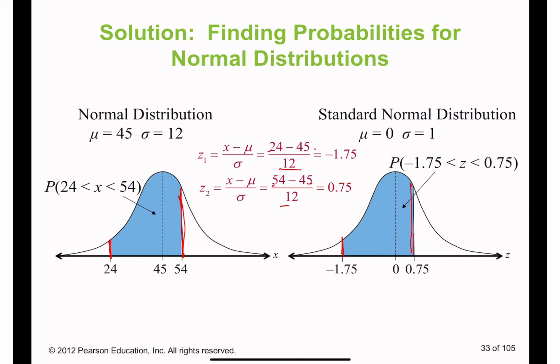One more time, I need to find the area that is less than negative 1.75, and then find the area that is less than 0.75. If I subtract this area from this area, I will get this blue area.